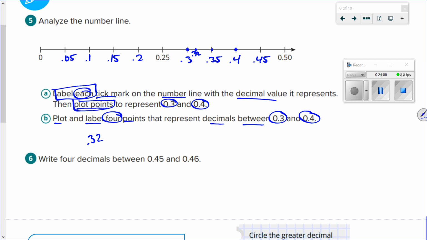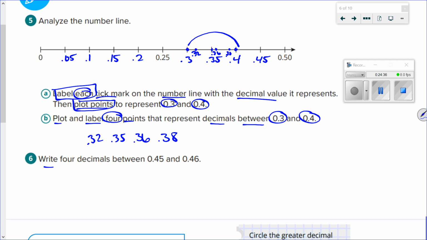Actually, they already gave us 35/100, so we'll use that one. We'll go with 36/100, which is right after it. And 38/100, just to give us enough room to write them in there. So you could have done any 4, but you should have 4 different points plotted in between those 2 areas. So it had to be somewhere in there.